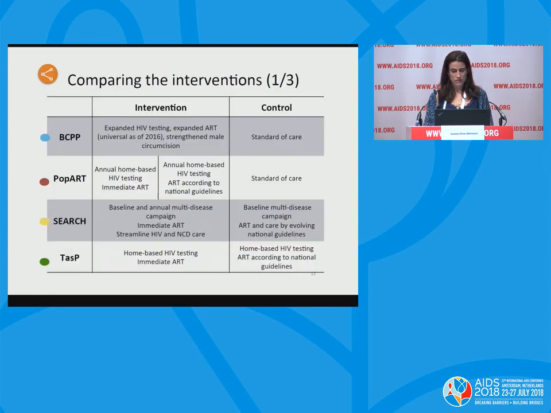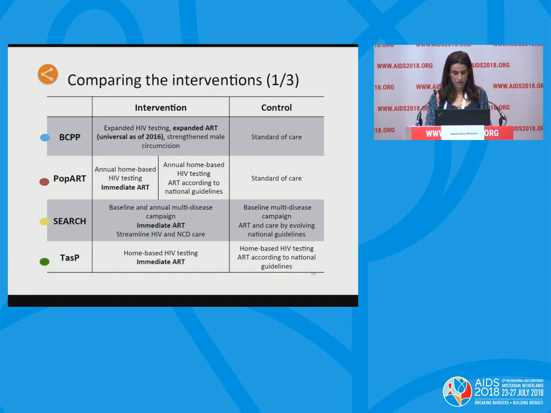Now, when we look at the intervention, this is maybe quite heavy on the screen, but it's a quite simplified and summarized table that highlights the main components of the interventions that were investigated within the trials, with the intervention arm on the left and control arm on the right. One common feature to all trials was the implementation of intensive HIV testing services, most often in both intervention and control arm.